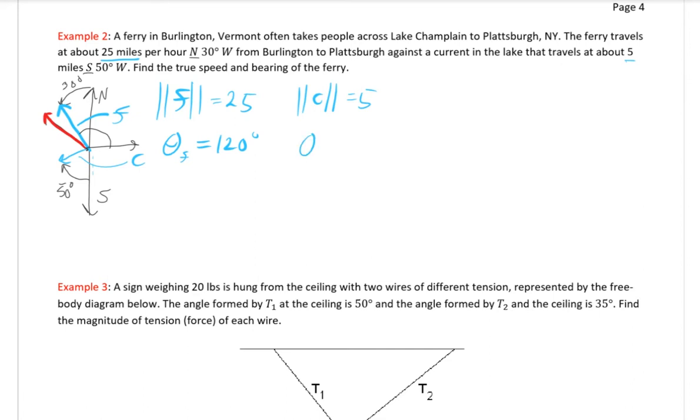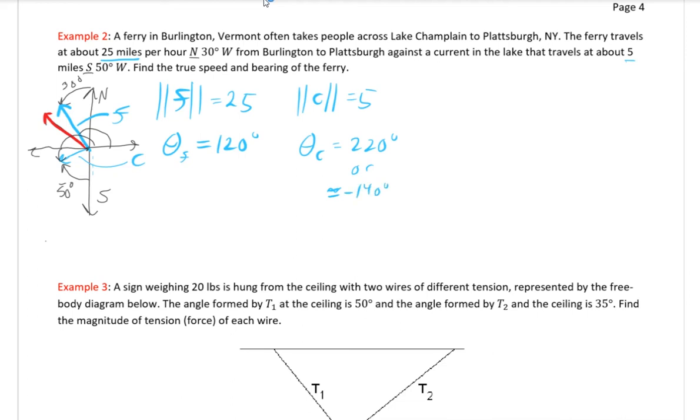Whereas the angle measure for the current, this is below the negative x-axis, so that means it's more than 180 degrees in that direction. So 180 plus the remainder here would be another 40. That should give me 220 degrees. Or if you want to consider it negative, you could also consider this as negative 140 degrees.